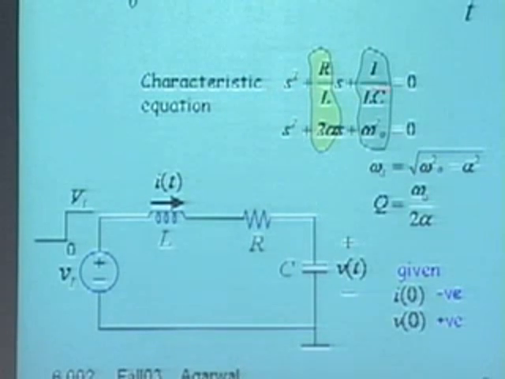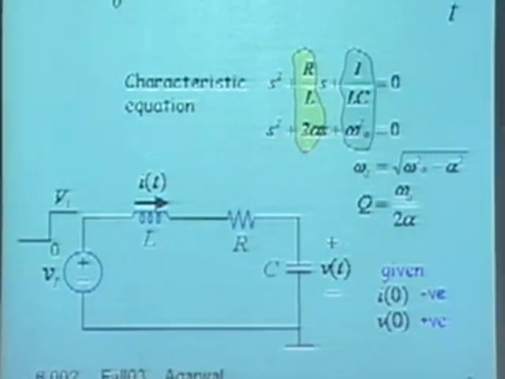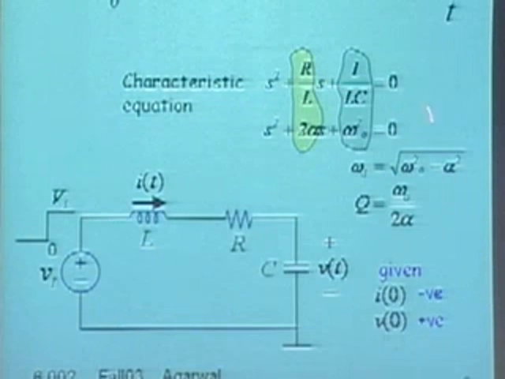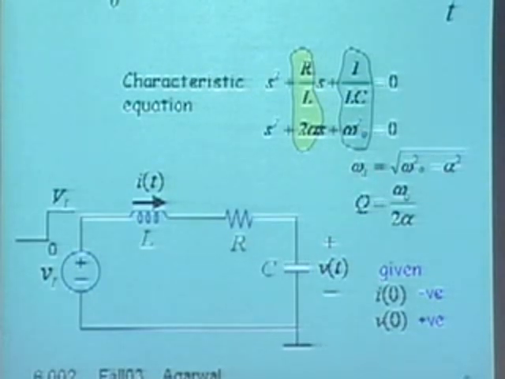And I write the standard canonic form as s squared plus 2 alpha s plus omega naught squared. And omega naught is simply 1 by square root of LC. And alpha is simply R divided by L, and I have 2 in the denominator as well. And then I get omega d, which is my damped frequency, given by the square root of omega naught squared minus alpha squared.